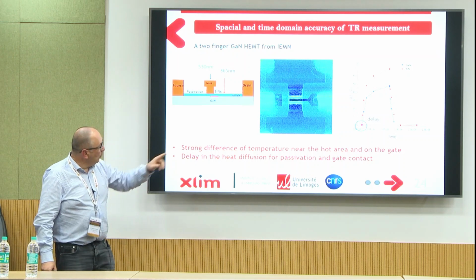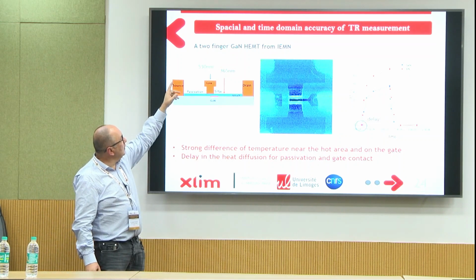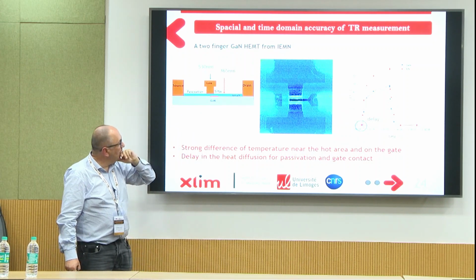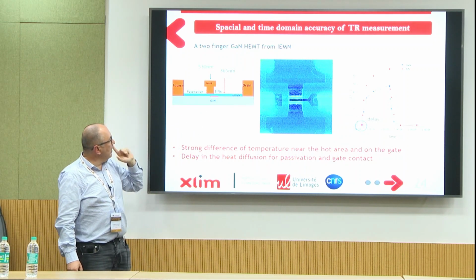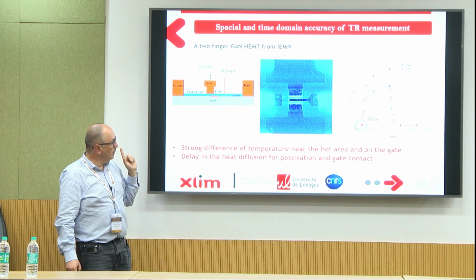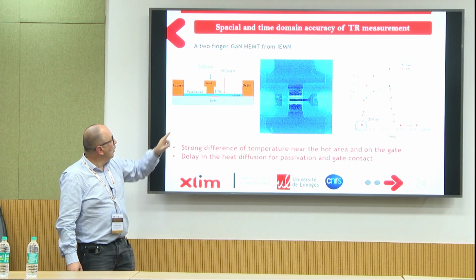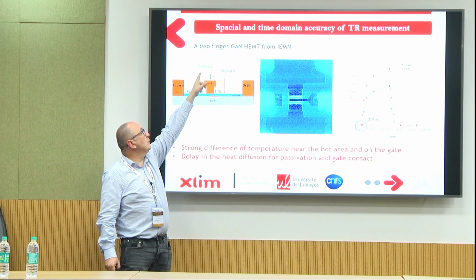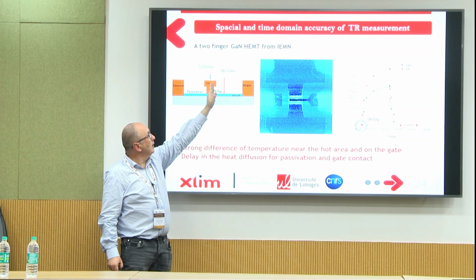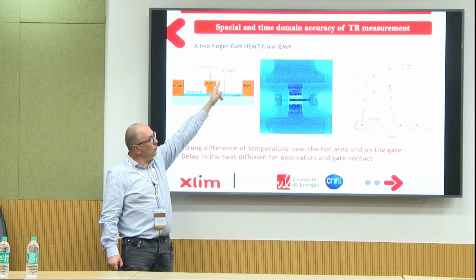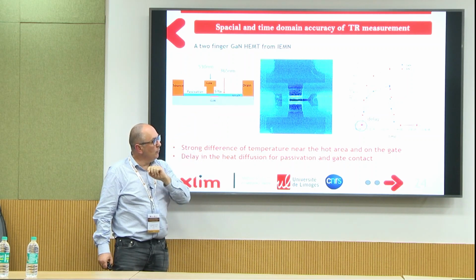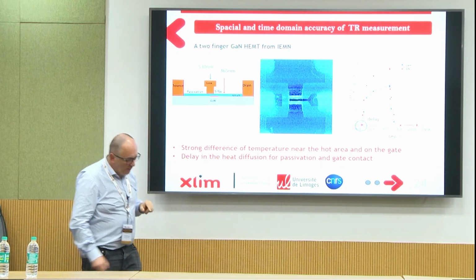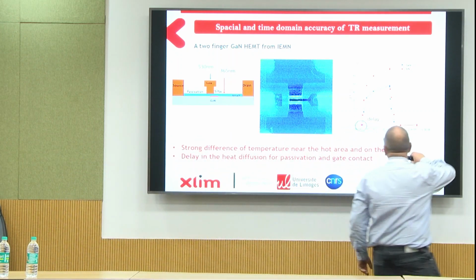We have performed on a 2-finger GaN HEMT from IEMN, given by IEMN, two measurements. One measurement on the gate metal with this wavelength, one measurement here with the near UV wavelength. And we have performed a time domain measurement.